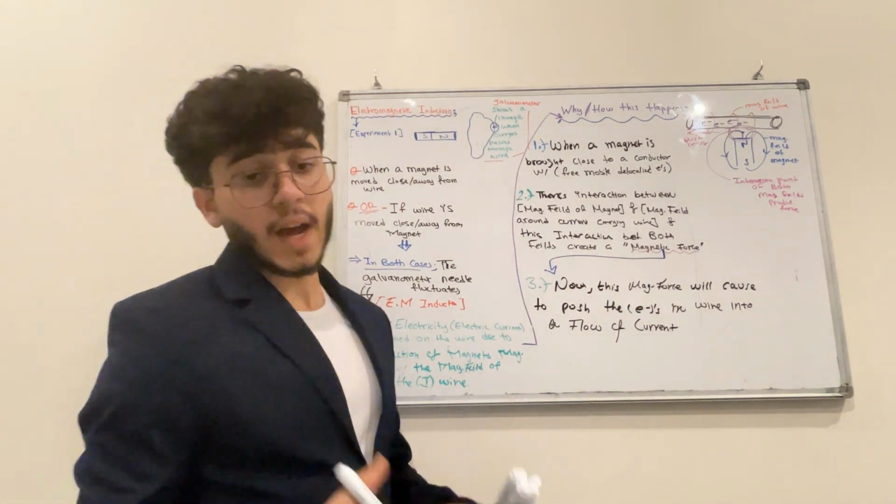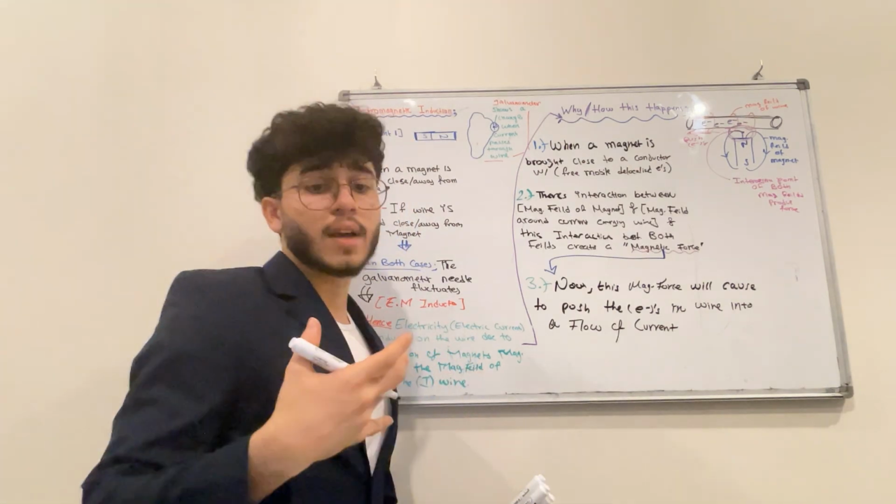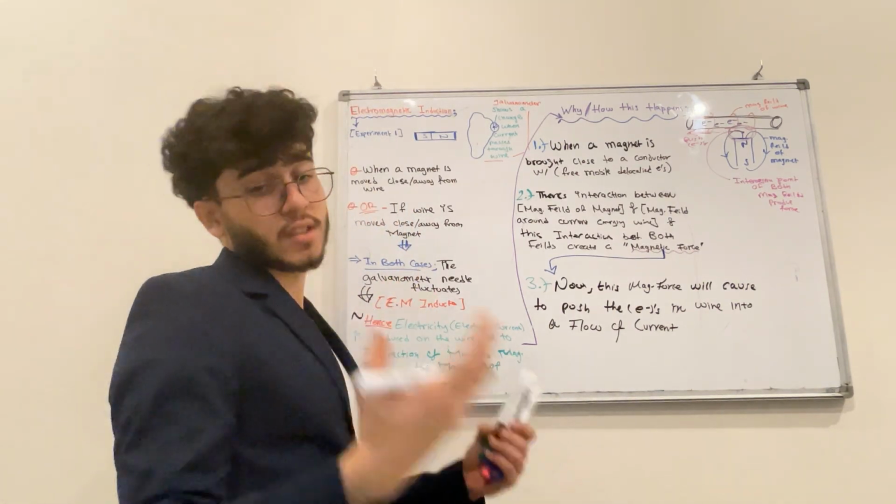Okay, so now when there's a flow in the current, overall what will be the effect? Overall the effect will be inducing electricity on the wire.